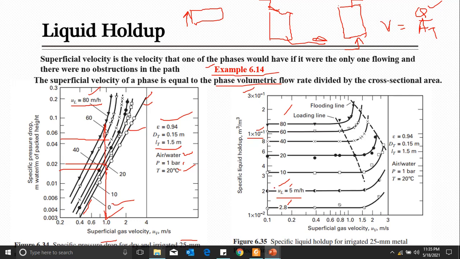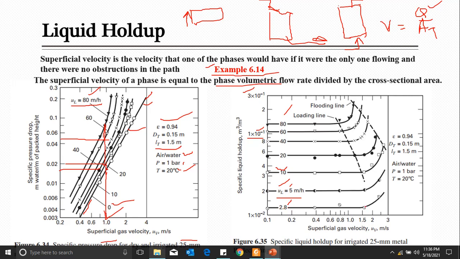When you take any line, for example 10 meters per hour, it means I am flowing the liquid at a specific flow rate, which finally gives me 10 meters per hour velocity inside the column. If I increase the superficial gas velocity through that column up to some specific limit, the liquid hold up remains the same; the amount of liquid throughout the tower on the packing surface remains constant. This holds for any liquid flow rate up to some specific limit.